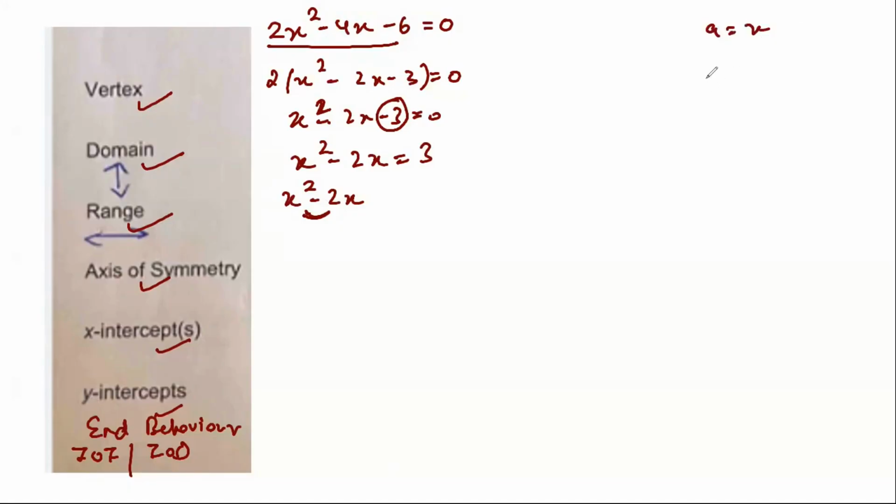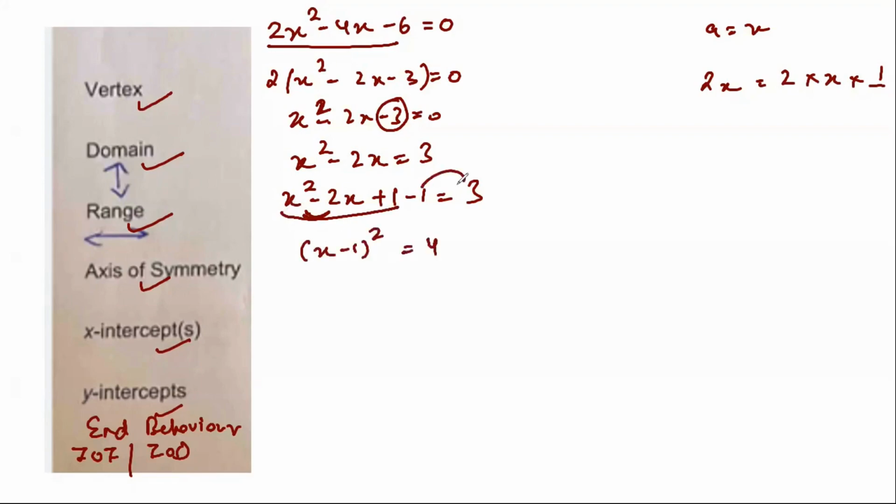So 2ab is 2x, which is 2 into x into something which is 1 only, that makes 2x. So b is 1, and I have a square plus b square. I will add and subtract the same value so that it does not affect my equation, right? With the plus 1, I will make the identity of minus, and whatever is left I will take to that side.